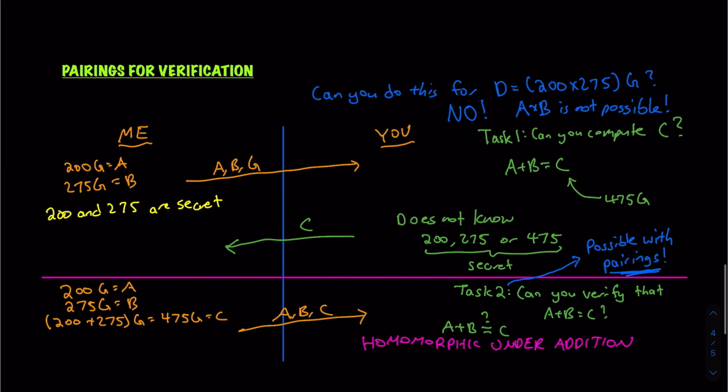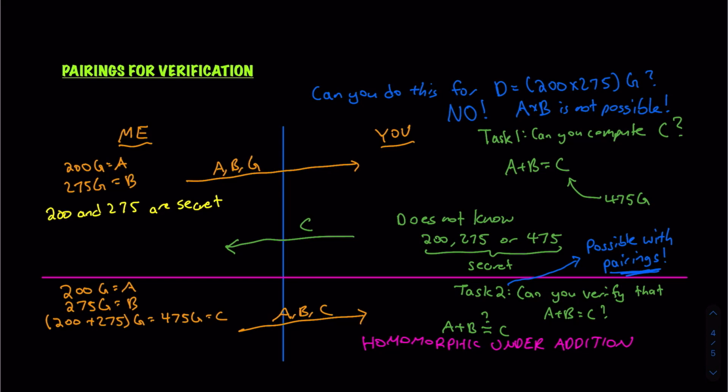Let's go back to why we introduced pairings in the first place. I will rewrite the example that we had. I have calculated 200 times G equals A and 275 times G equals B, and everybody knows G. I had shown you that elliptic curve groups are homomorphic under addition. This meant that I could ask you to calculate C, which equals (200 + 275)G.